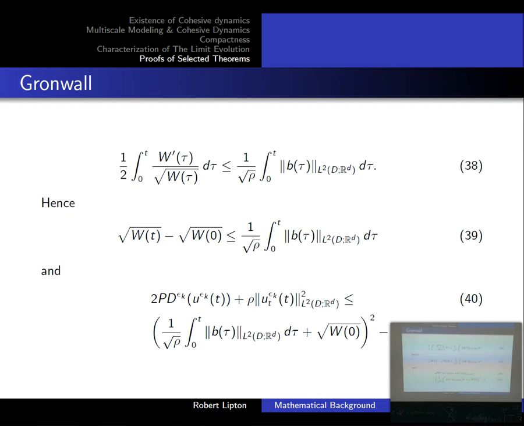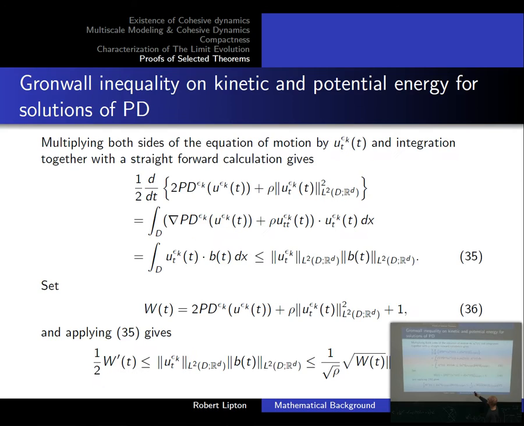We have this, and then we move W0 over to the other side, and we get our inequality. Okay? Now, W0 is the initial data, and W0 is when I put the initial data in here, U0, which is the same for every epsilon, and V0, which is the same for every epsilon.